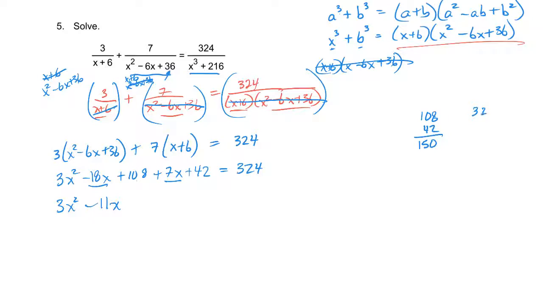So 324 minus 150 is 174. So negative 174, minus 174 is equal to 0. Okay, now we get to factor.